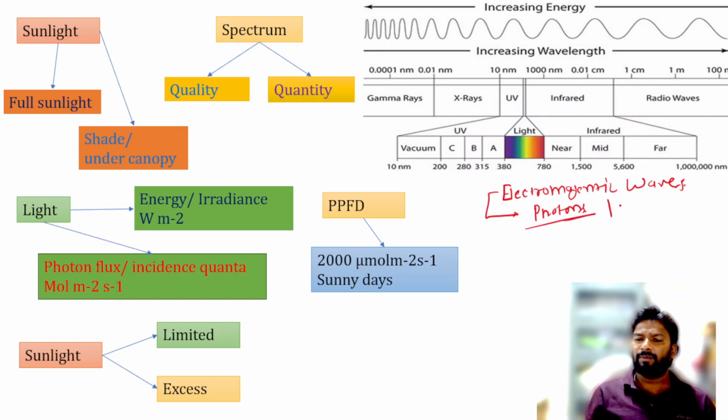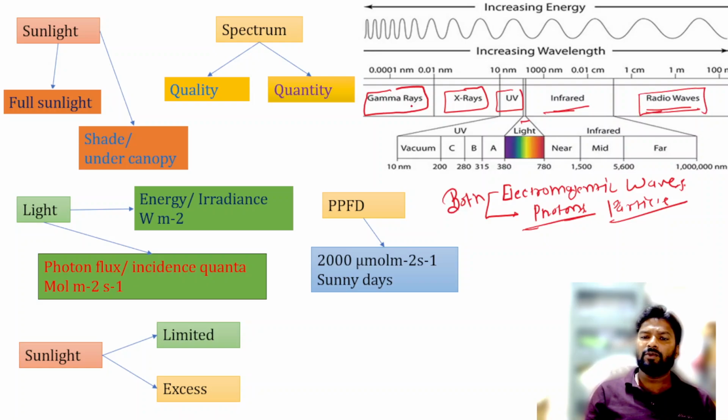Okay, means they have both properties, wave and particle properties. Okay, so this sunlight is made up of gamma rays, X rays, ultraviolet rays, then visible rays, then infrared rays, and the radio waves. So when you go from gamma rays to the radio waves, there is an increase in the wavelength. Okay.